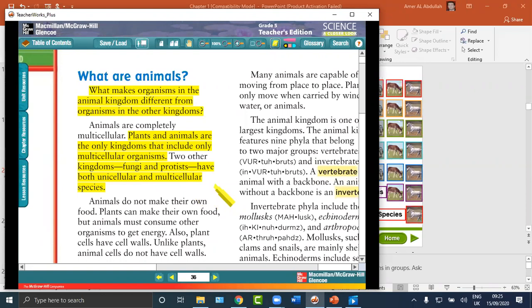Fungi and protists have both unicellular and multicellular species. Here we classify according to properties. We have to be punctual in classifications.